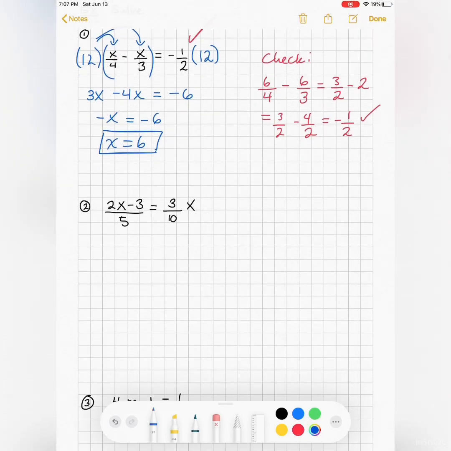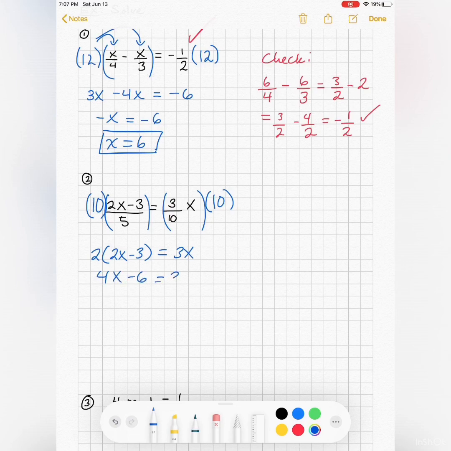We'll do something similar with number 2. The LCD is 10. Okay, so that leaves me a 2. Distribute. Combine the like terms.